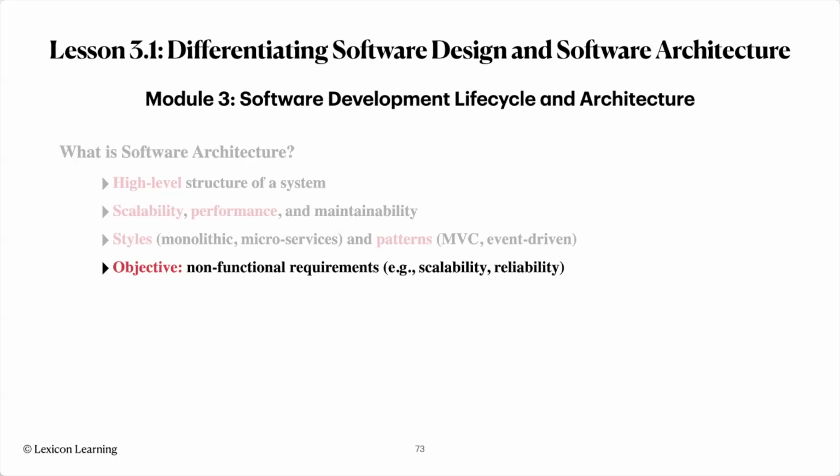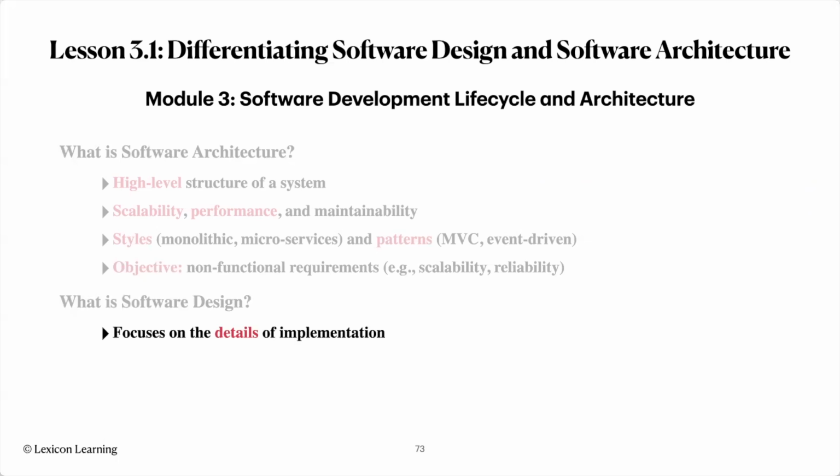It focuses on how components interact. And software design, on the other hand, focuses on the detailed implementation of different components and within the components. It involves choosing data structures, algorithms, and coding practices for individual modules.